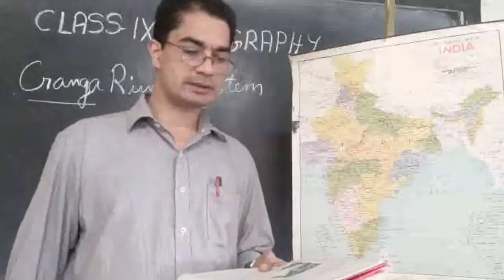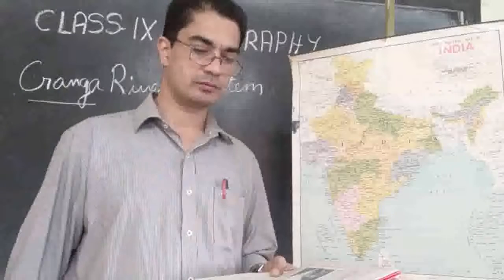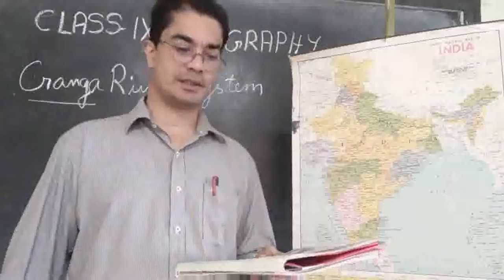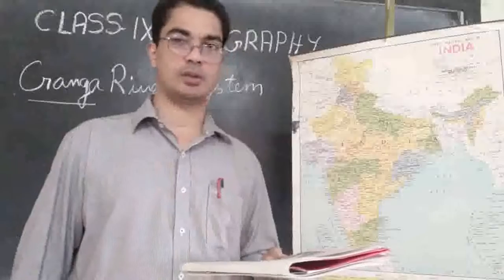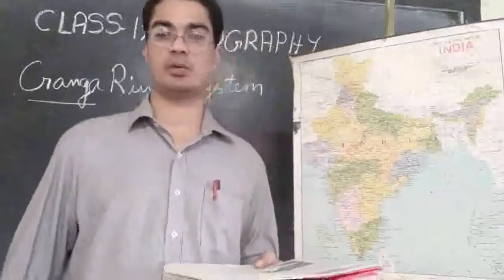Then it is the world's largest and the fastest growing delta. So another important fact about this Sunderland Delta is it is the largest delta in the world, and it is also the fastest growing delta in the world.